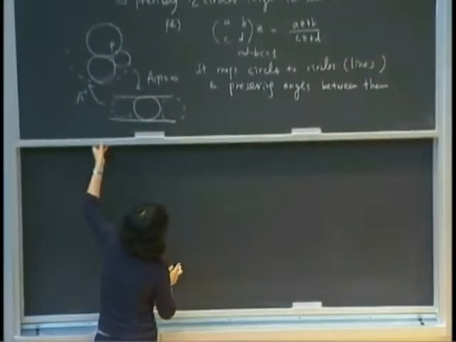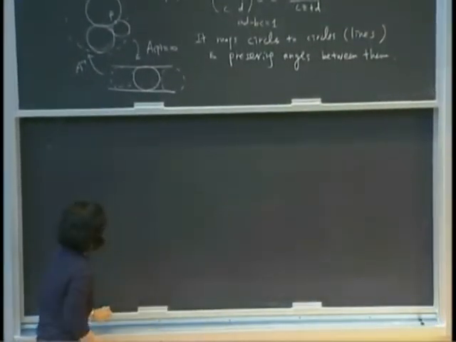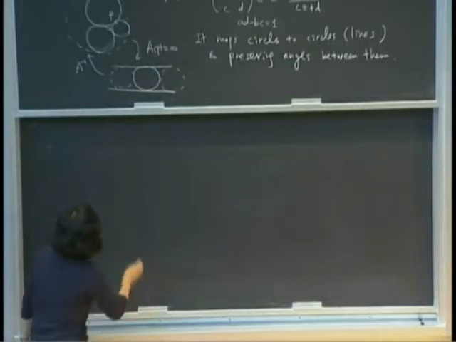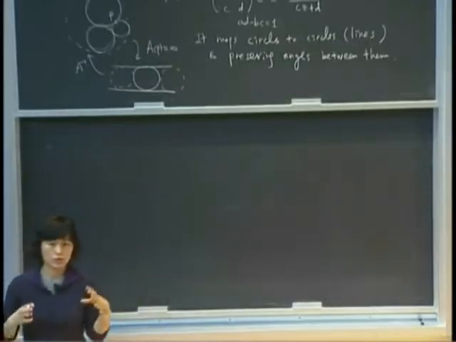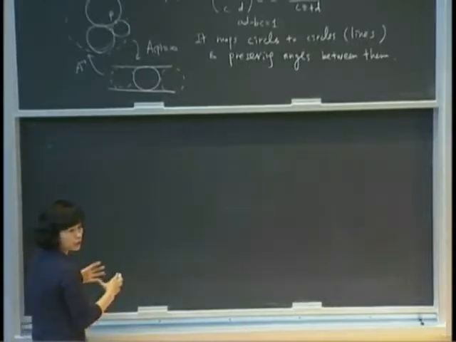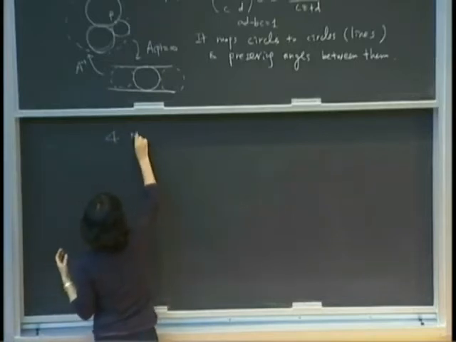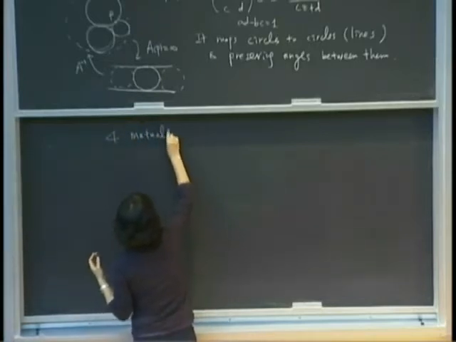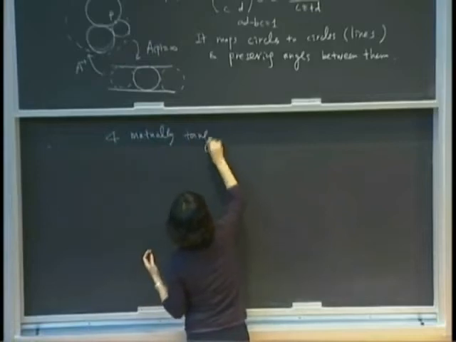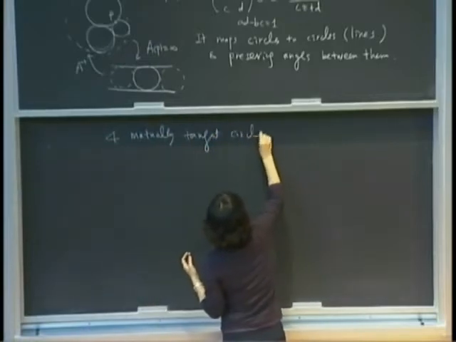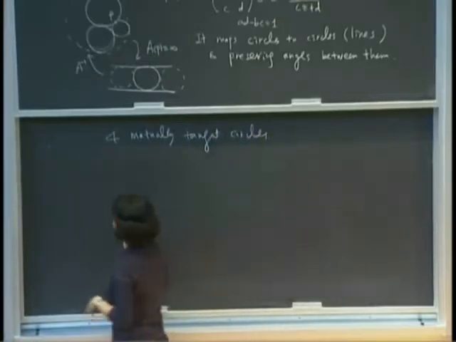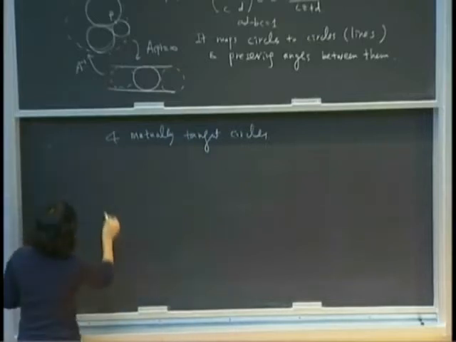This theorem is the basis of the construction of what's called an Apollonian circle packing. To construct an Apollonian circle packing, we start with 4 mutually tangent circles in the plane. Here are possible configurations of 4 mutually tangent circles.